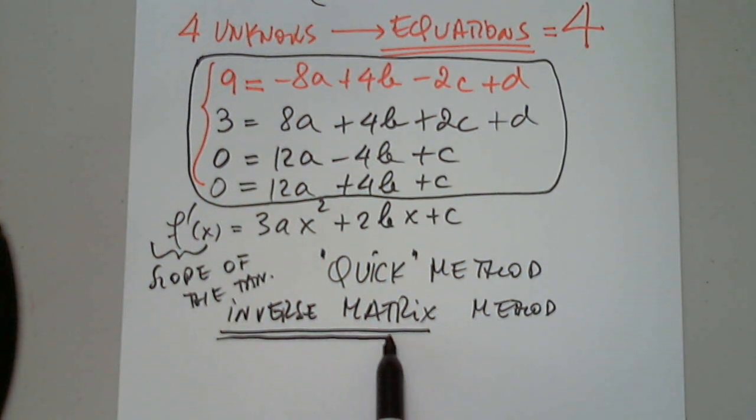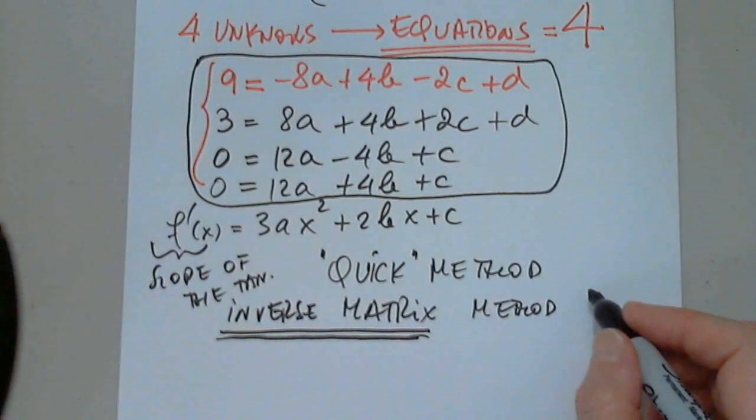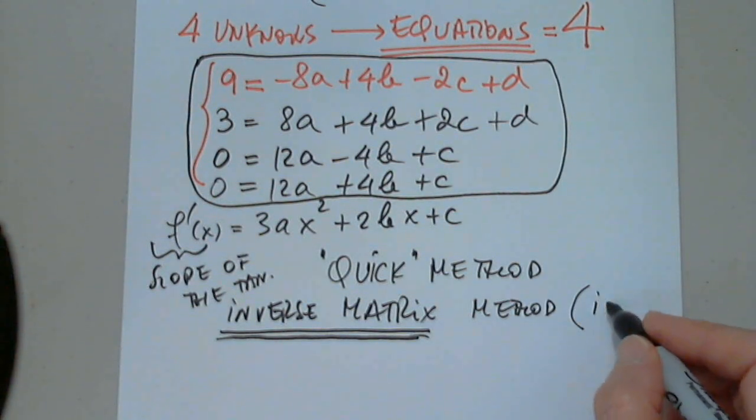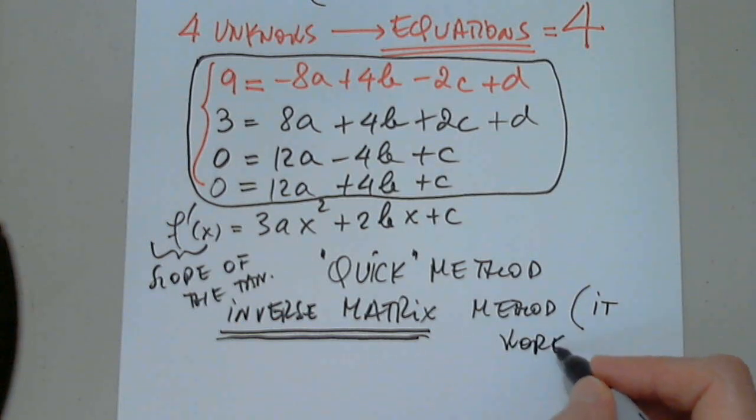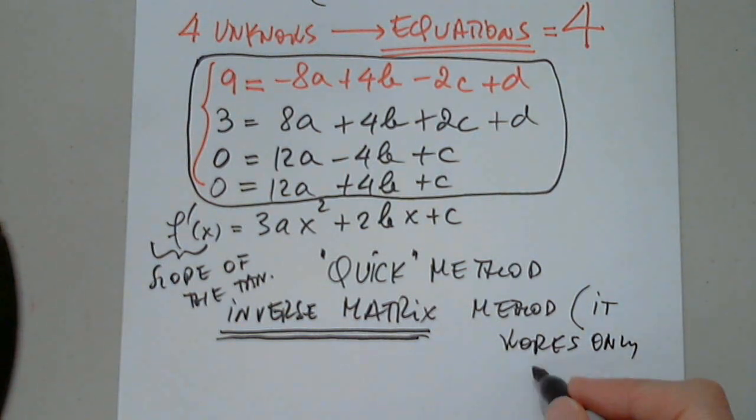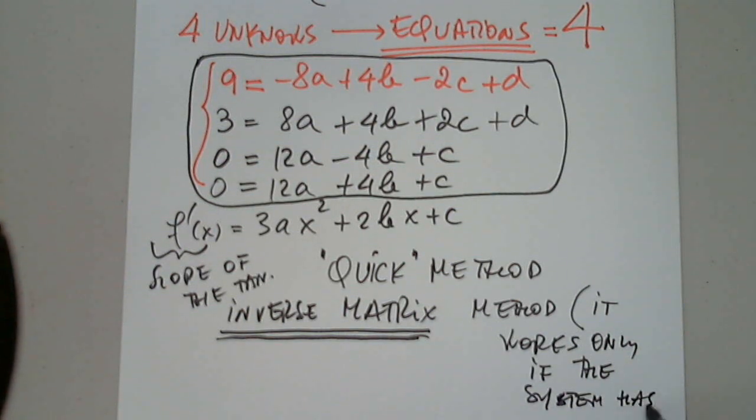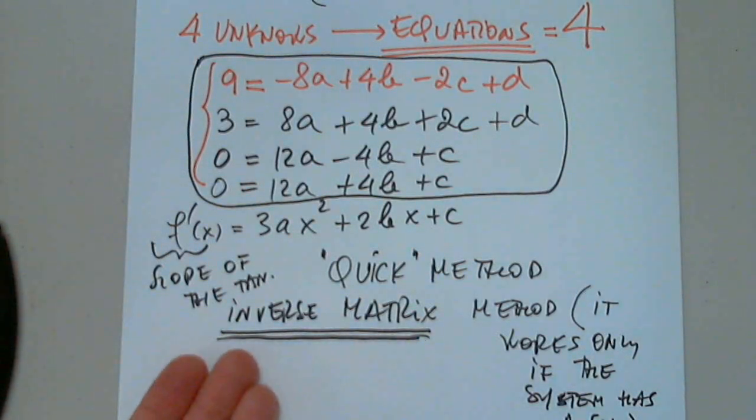So it's called the inverse matrix method, but I have to write in parentheses here: it works only if the system has a solution. Otherwise, the inverse matrix method does not work. It cannot be applied. Okay.